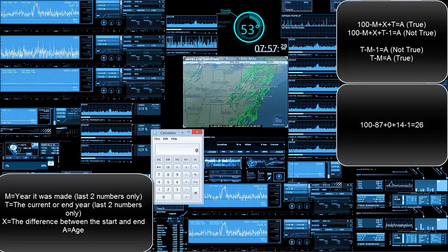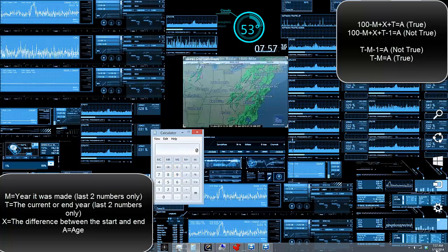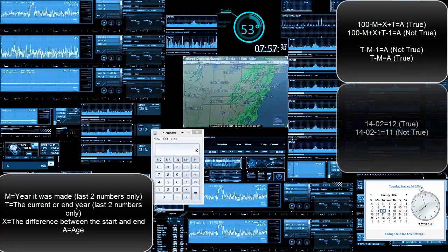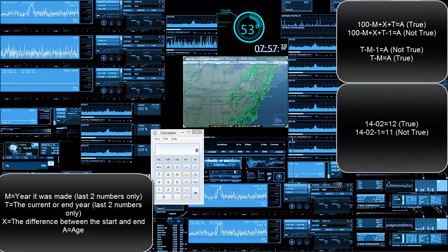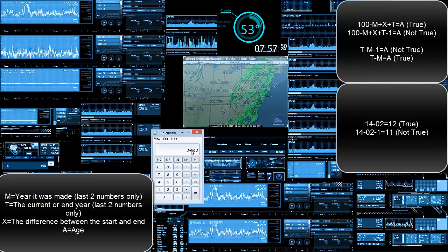But as far as things go, let's take an example of some birthday within this century. So 2000 and let's say 2, so 2002. Now, given that it's 2014, these last 2 numbers we're not concerned about.